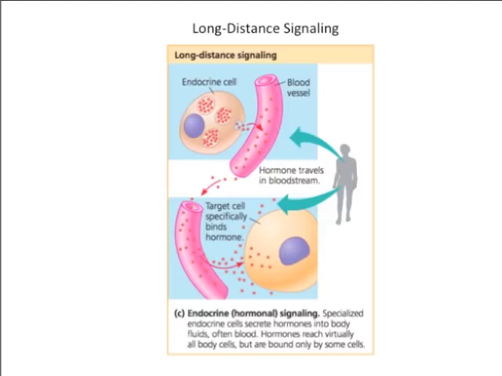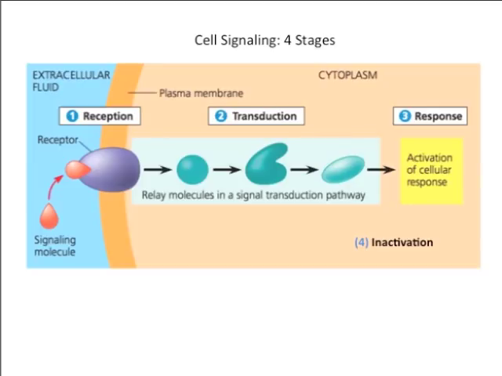So there are four main steps of cell signaling. The first is reception, when a receptor protein will pick up a signaling molecule on the surface in the phospholipid bilayer. There's other ways of reception that we'll go into in a bit. Then transduction is when a series of relay molecules or other protein complexes will usually use ATP to transfer that signal down a signal transduction pathway and then activate a response.